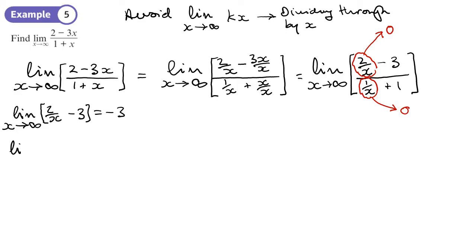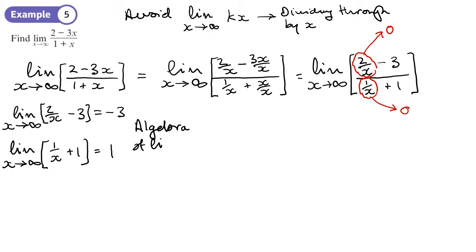And we'll look at the limit of the denominator as x tends to infinity, so that would be 1 over x plus 1. The 1 over x, as we say, tends to 0, so that's going to tend just to 1. So using the algebra of limits, what we'll have is the limit of the numerator divided by the limit of the denominator, which just becomes minus 3.